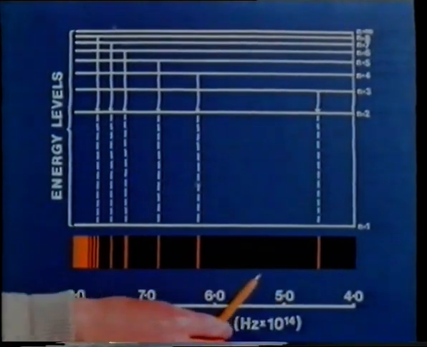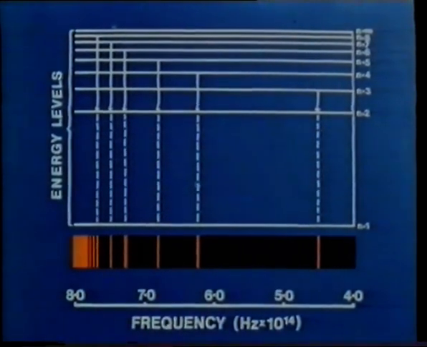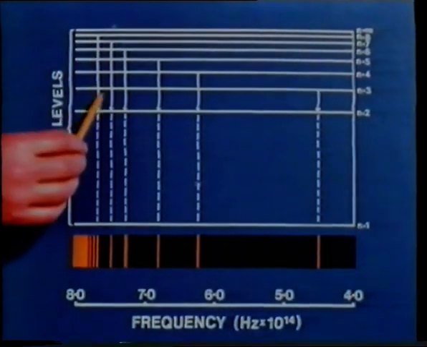The spacing of these lines suggests that some fundamental law is being obeyed. Interpretation is again supplied in terms of energy levels. Spectral lines arise from electron transitions from one level to another.